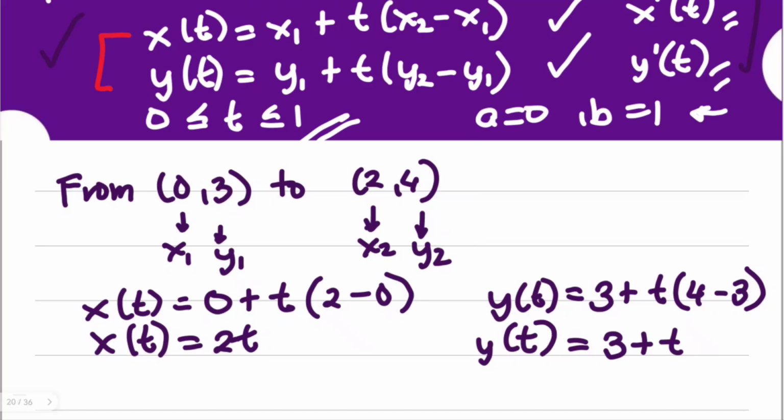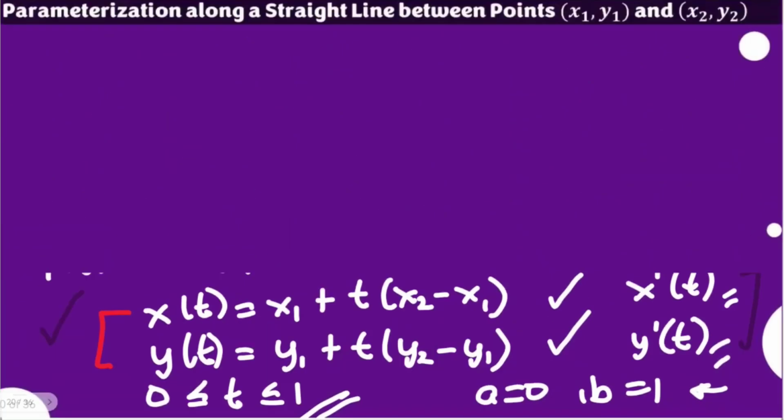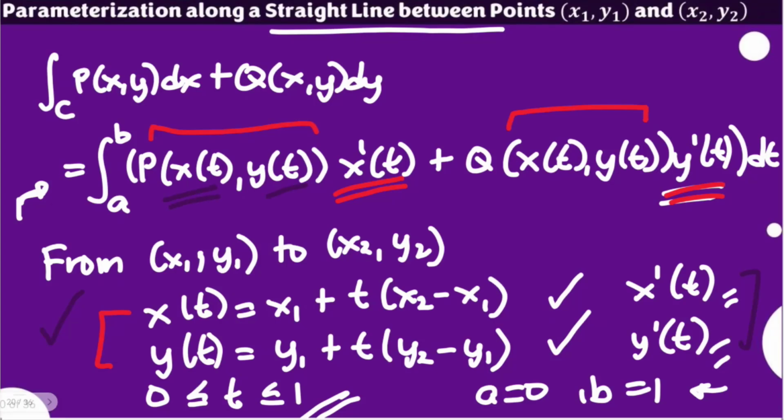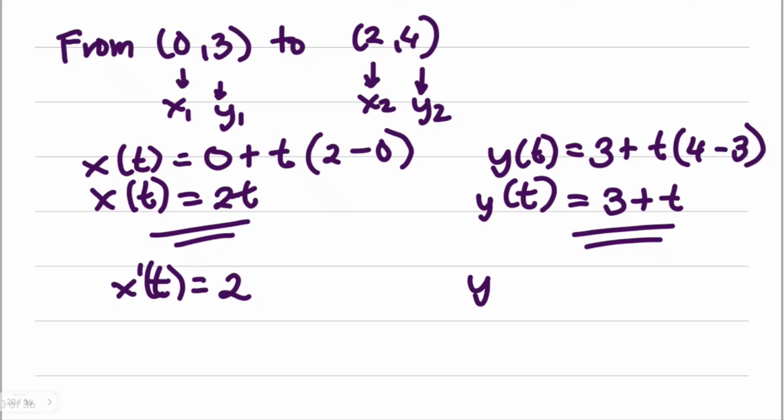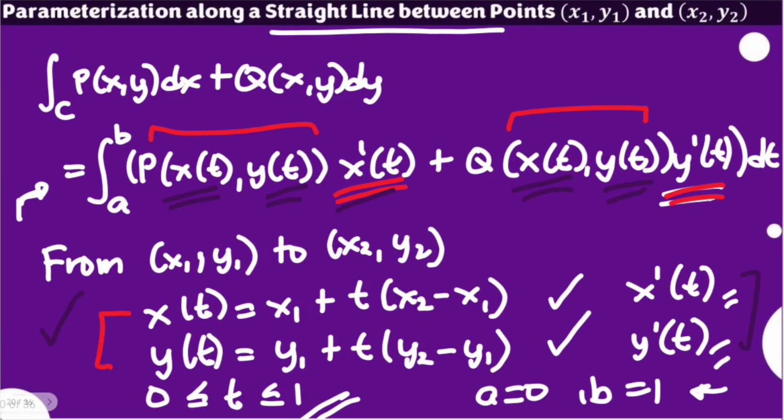This would then be used later on for whatever your functions would be for both q and p. The other remaining items we need are the first derivative of x of t with respect to t, which is 2, and your y prime of t with respect to t, which is 0 plus 1, or simply equal to 1. Now these are the values that we need to include after completing this.